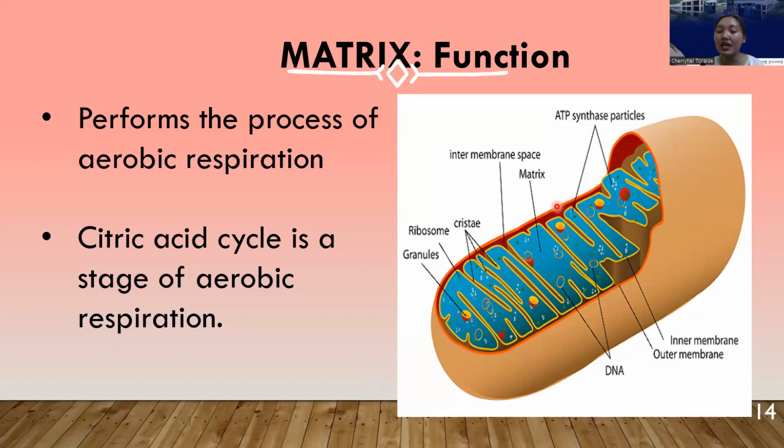The ATP synthase is the protein that produces or makes the ATP. These particles are the precursors to make your ATP synthase. This DNA of the mitochondrion is different from your genomic DNA.